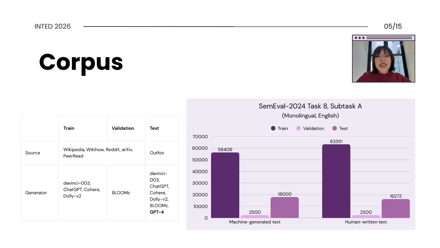Crucially, the test set includes a surprise domain called Outfox and also text generated by GPT-4. These were not seen during training. This is important because it forces our model to generalize rather than simply memorizing patterns.